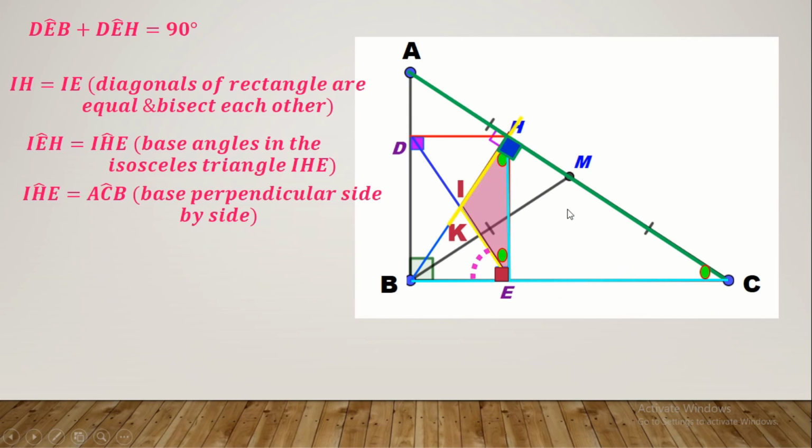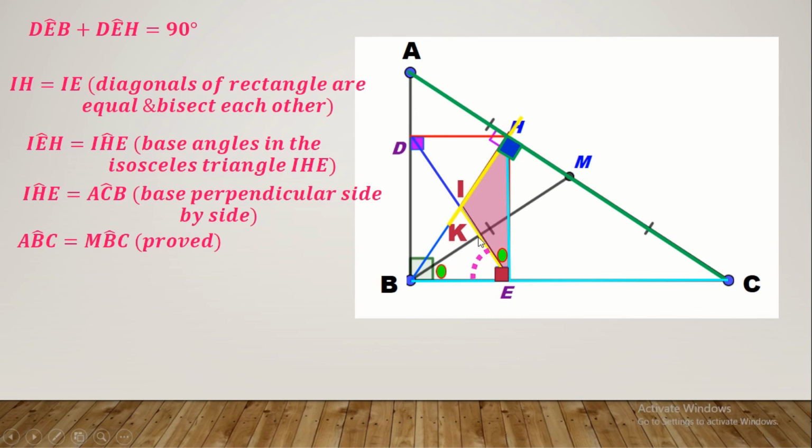Something else: in the previous part, we have just proved that MCB is equal to the angle MBC since we had an isosceles triangle. Now we have reached that these two angles are equal. So we can say that the angle IEH is equal to the angle MBC. Now, since the sum of these two angles is 90 degrees, can't we conclude that the sum of these two angles is 90 degrees?